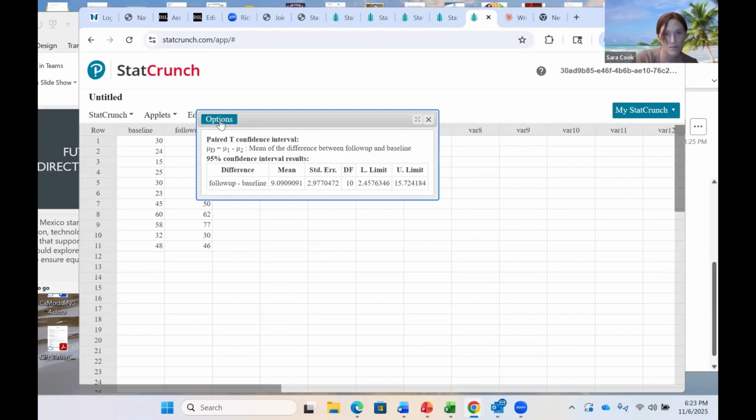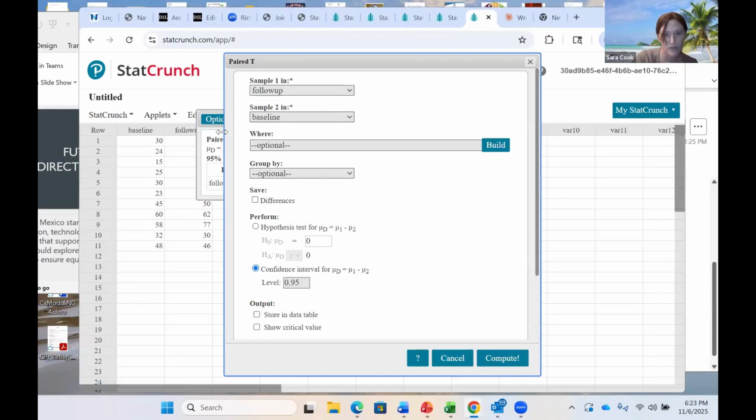And then this question of directionality.